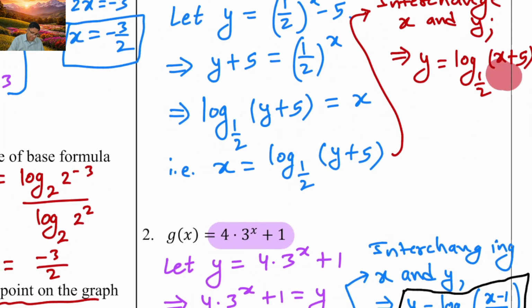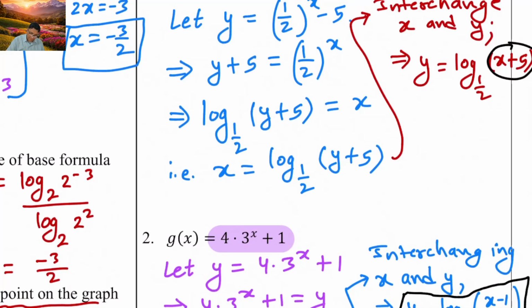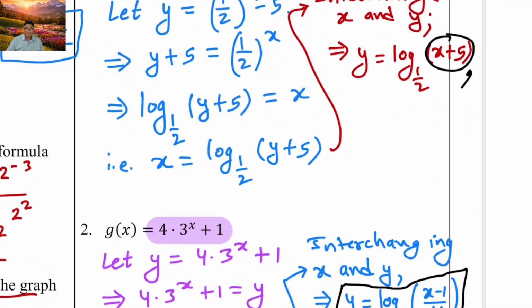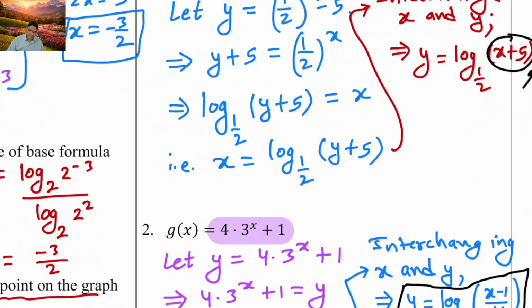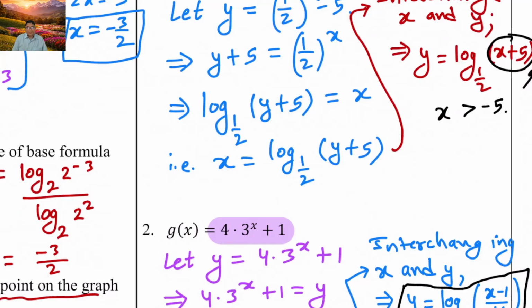If it is x plus 5 here, then you know that the argument x plus 5 has to be positive, right? So you can actually put a comma and mention that as part of your answer. y equals log of x plus 5 base half, and then you say x greater than negative 5. Why? Because x plus 5 has to be greater than 0.